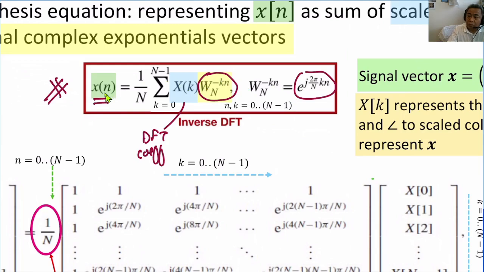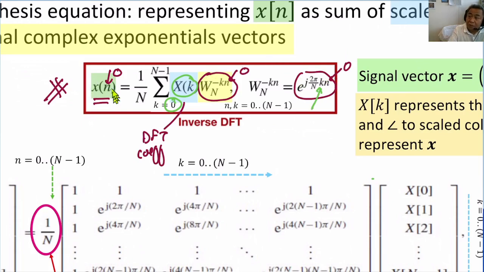So what we need to do is plug in a value of n. For example, we start with n equal to 0, and then this little n will be equal to 0, and we have to iterate over k from k equal to 0 to N minus 1. So we are iterating X[0], X[1], until X[N minus 1], multiplying by this complex exponential value, again iterating over k.